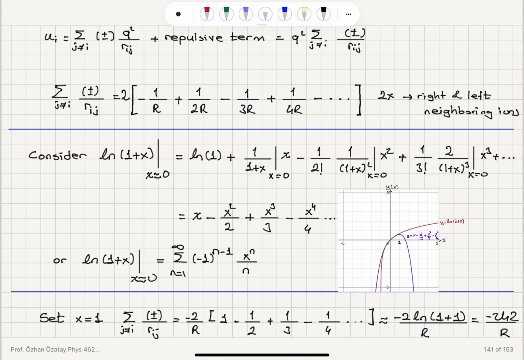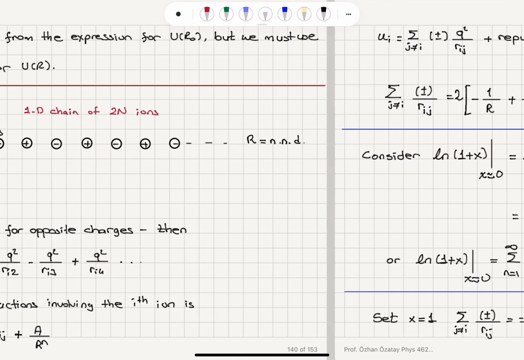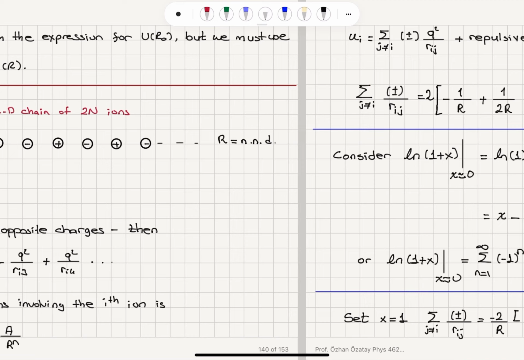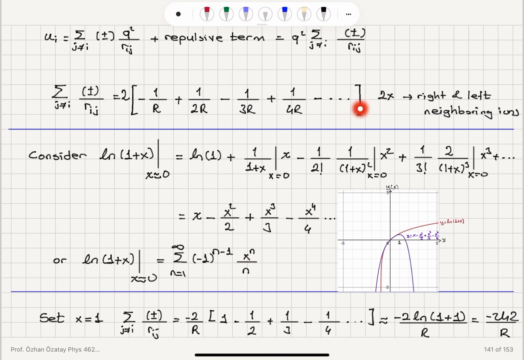When we wrote this pair potential summation explicitly, we realized that we have to multiply it by 2 because we have contributions both from the right hand side and from the left hand side. And we recognized what we have in the parentheses here as natural logarithm of 2. How did we see that? We looked at the function natural logarithm of 1 plus x, Taylor series expansion about x equals 0.